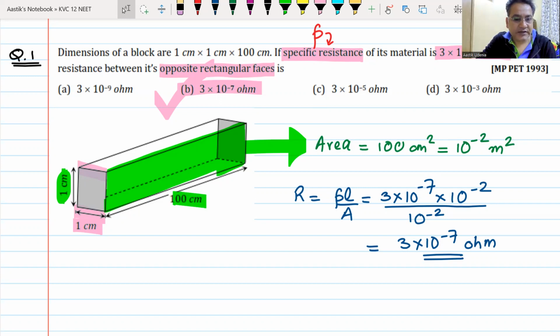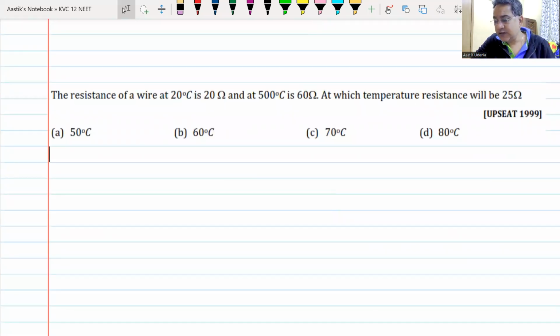This one is based on temperature. Remember, we had seen the formula of temperature. How does resistance vary with temperature? Do we remember that formula? Here is a question based on the same. The resistance of a wire at 20 degrees Celsius is 20 ohms and at 500 degrees Celsius is 60 ohms.